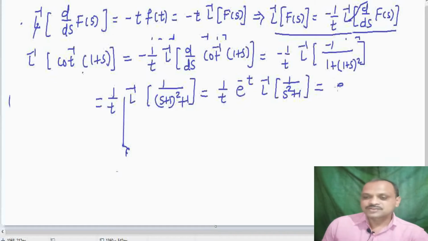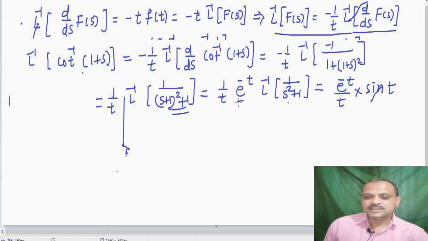So this is e raised to minus t divided by t into sine of t. Here we have applied the first shifting property, and a is equal to 1. So this will be converted, and hence we have multiplied by e raised to minus at, and therefore we have removed the s plus a from this step, s plus 1.